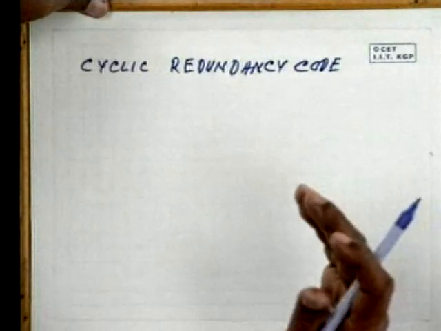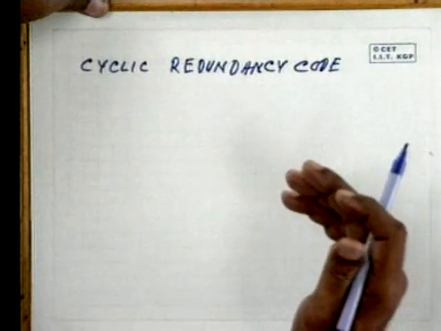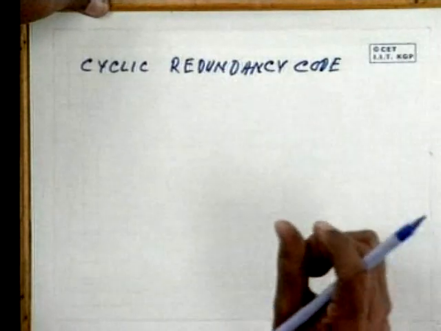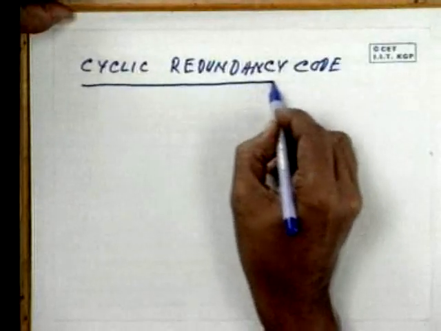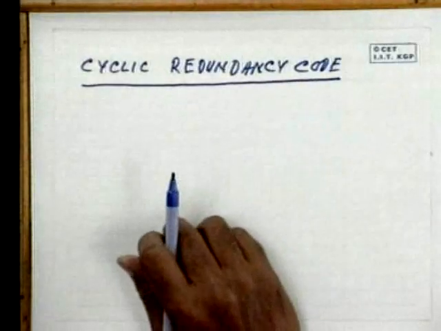In the case of parity checking, we have seen only one additional bit is added, irrespective of the size of the data. But in cyclic redundancy code, you have to use more bits, and as a consequence, the set of errors that you can detect is more versatile, or different kinds of errors can be detected, as we shall see. First of all, let us consider what cyclic redundancy code is and how it works.